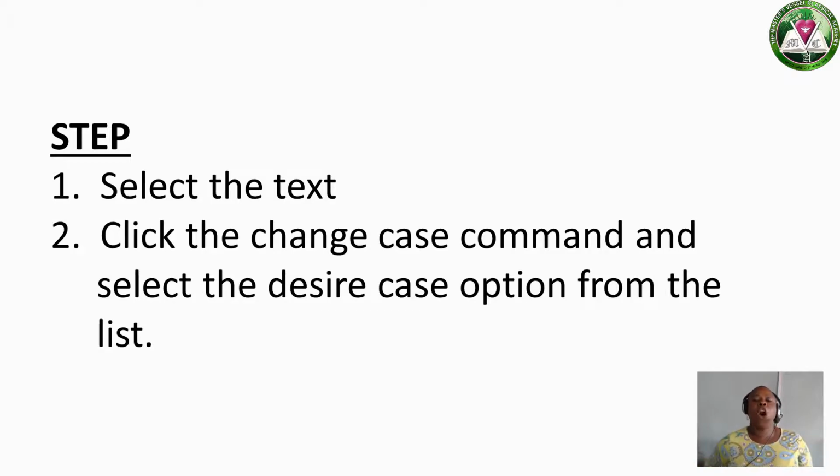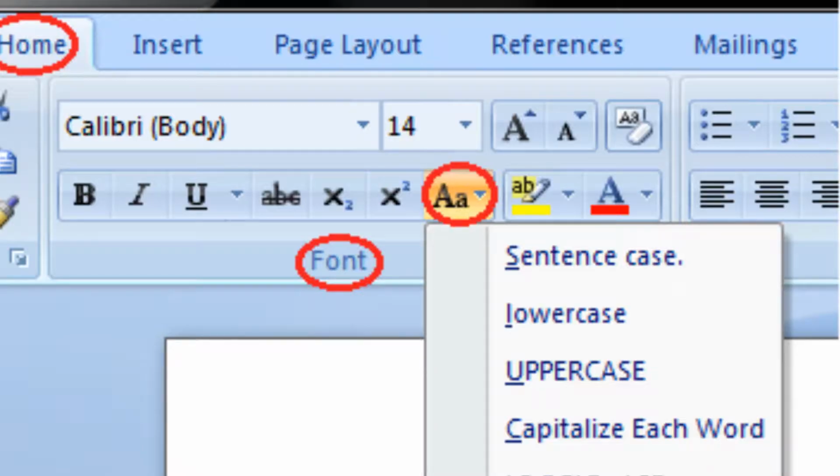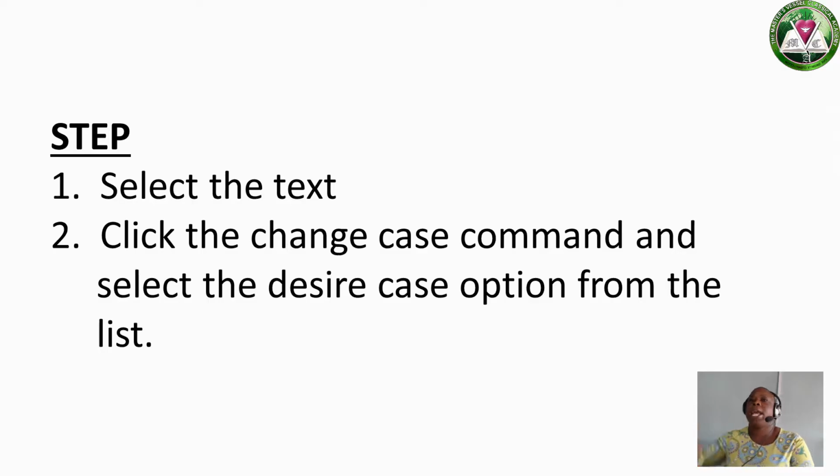You go to the home tab, to the font group. You click on the change case command. You select your desired change case option. You can see a capital A and small a. That is the icon for changing cases, the command there.